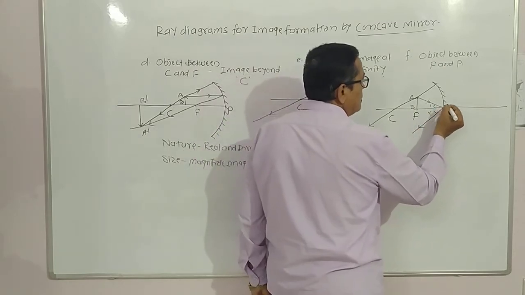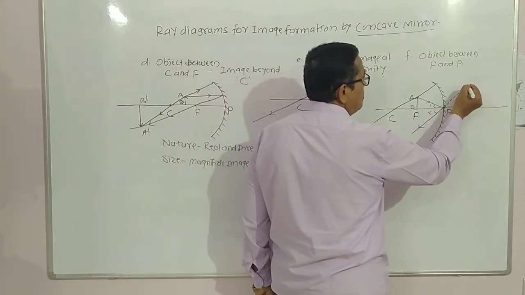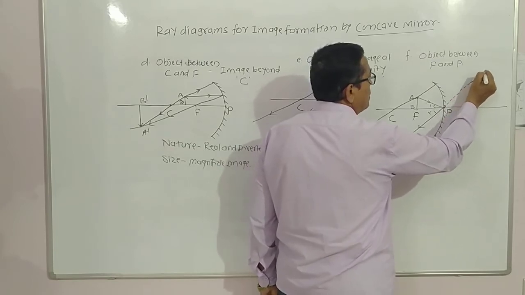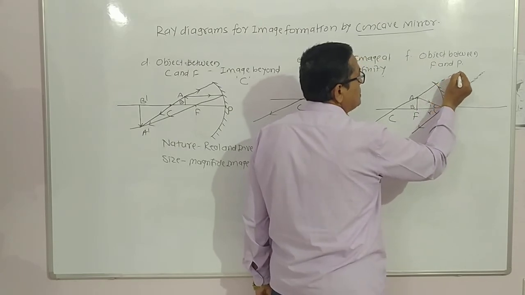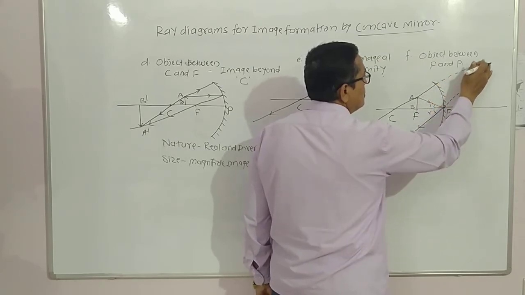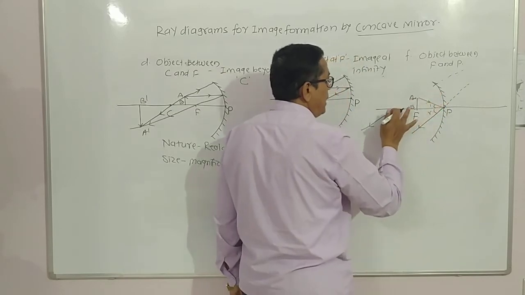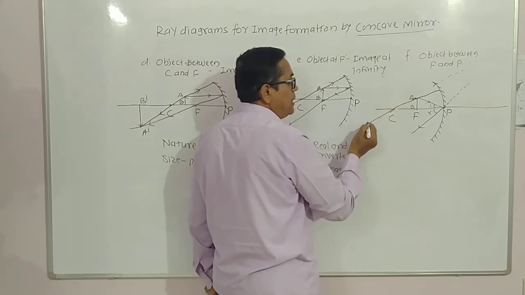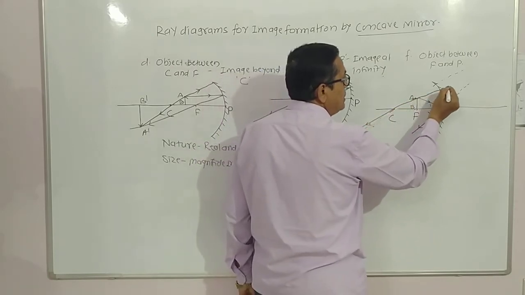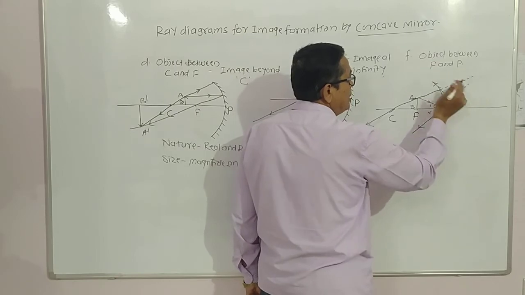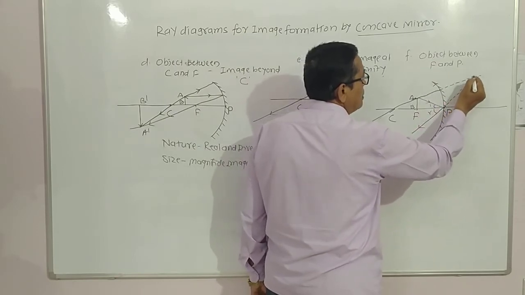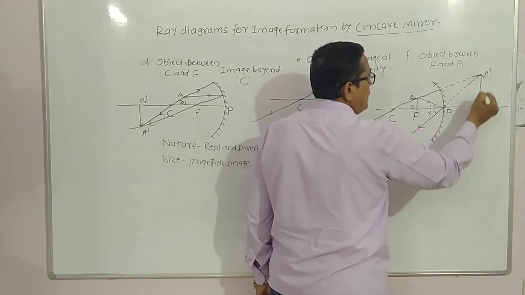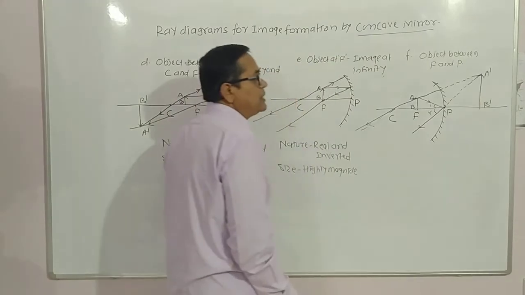Imagine that these two light rays come from the same single point behind the mirror on the principal axis, and there is the image here in this way. These two light rays extend backward and they appear to come from a single point, and here A dash B dash is the image of the object.